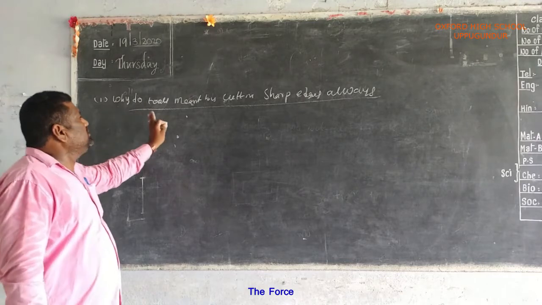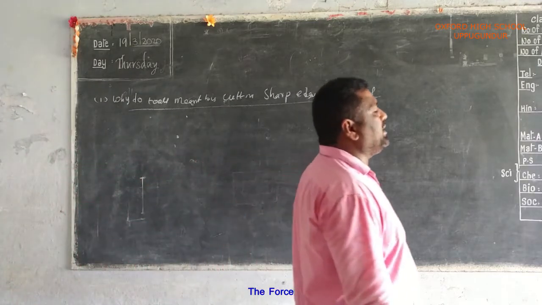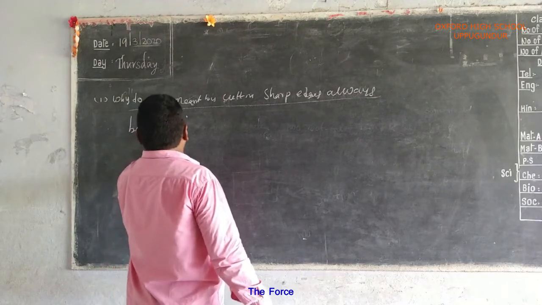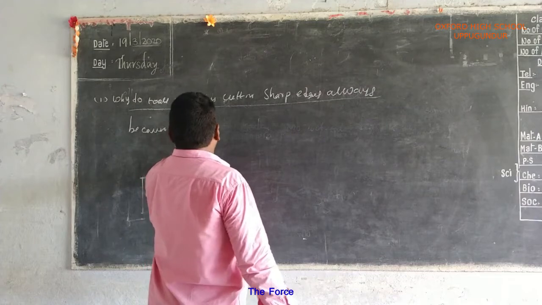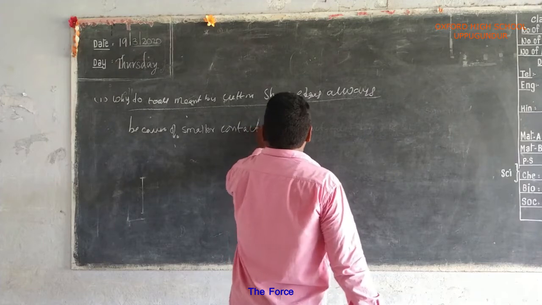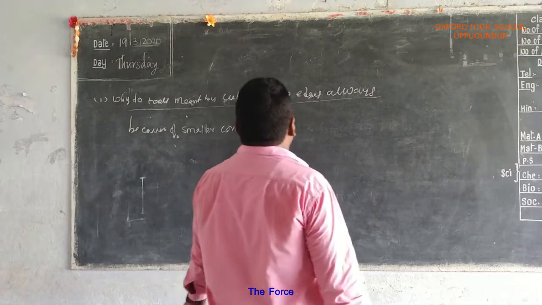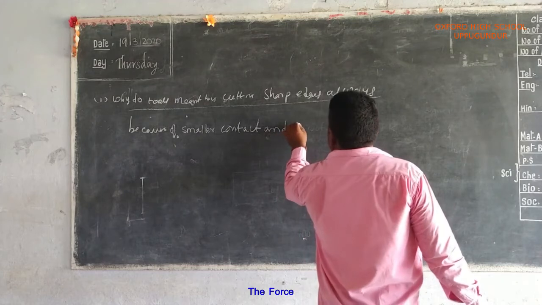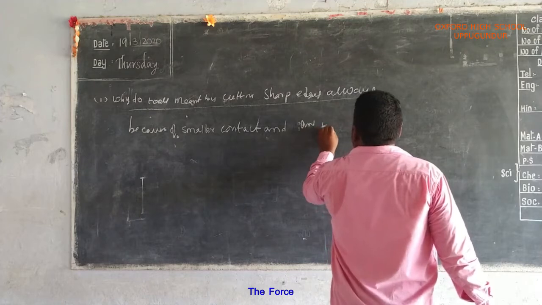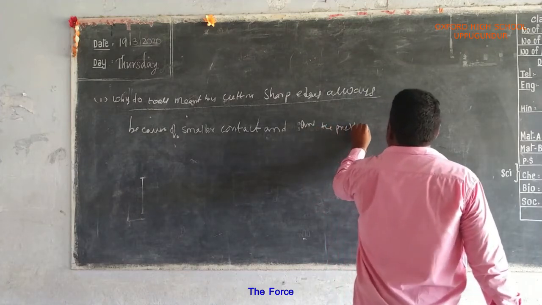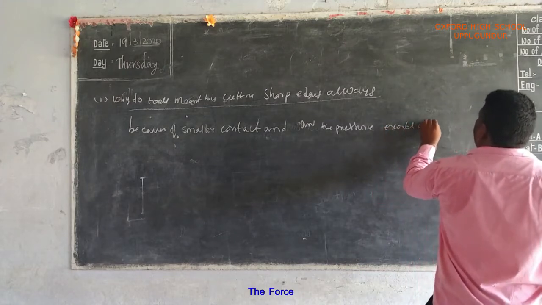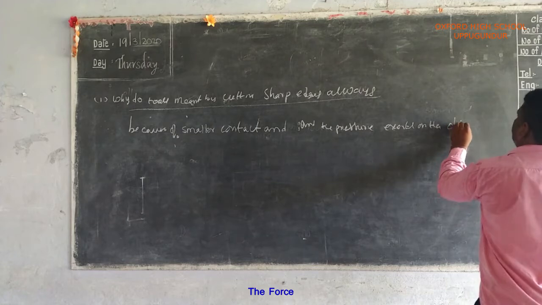Okay now, why do cutting tools always have sharp edges? Because of the smaller contact area, and the pressure exerted on the objectives.